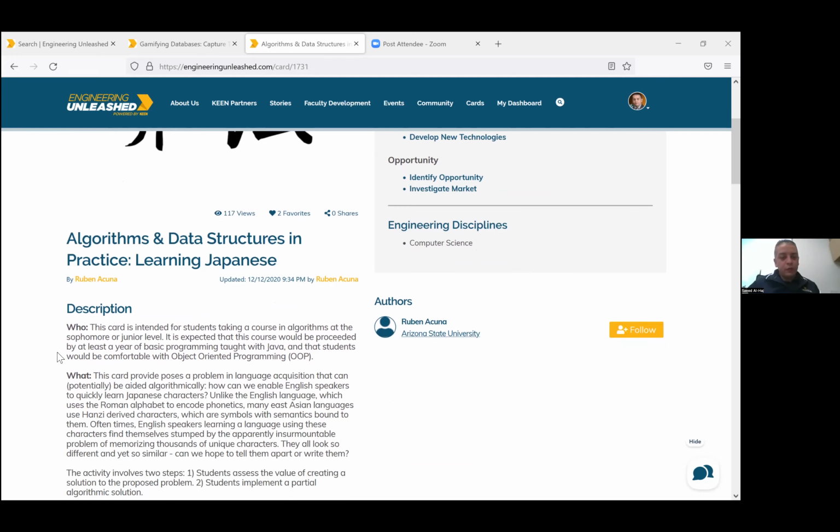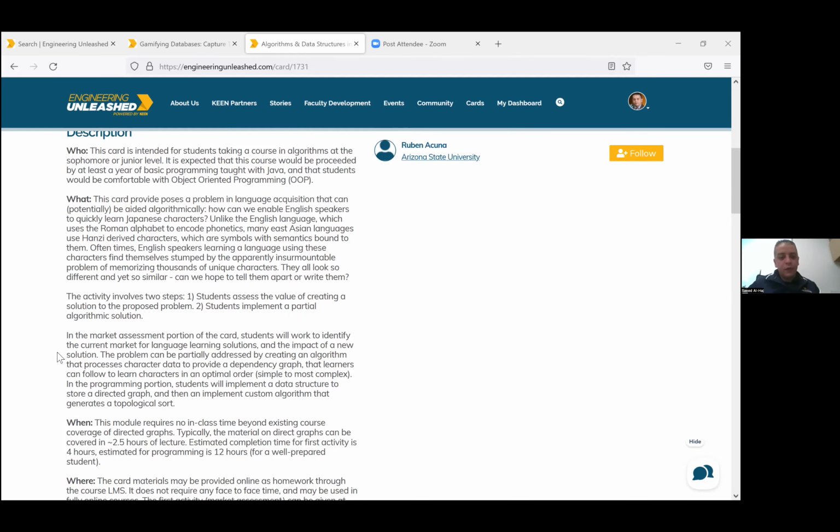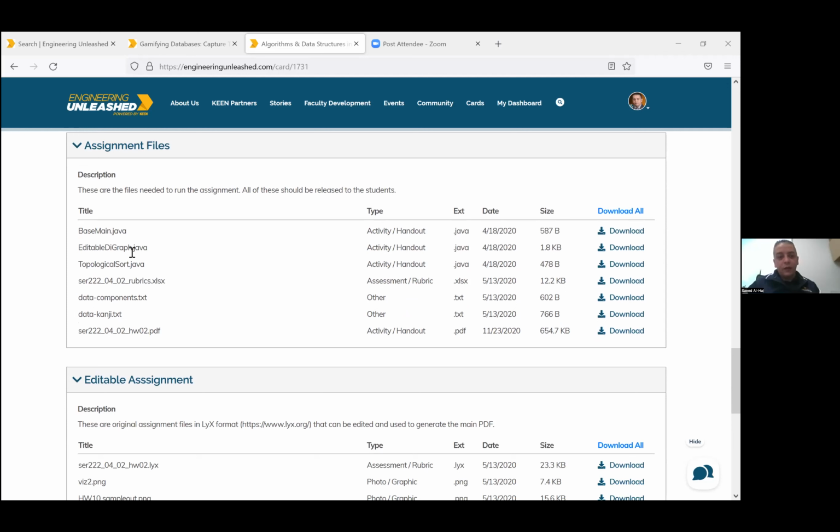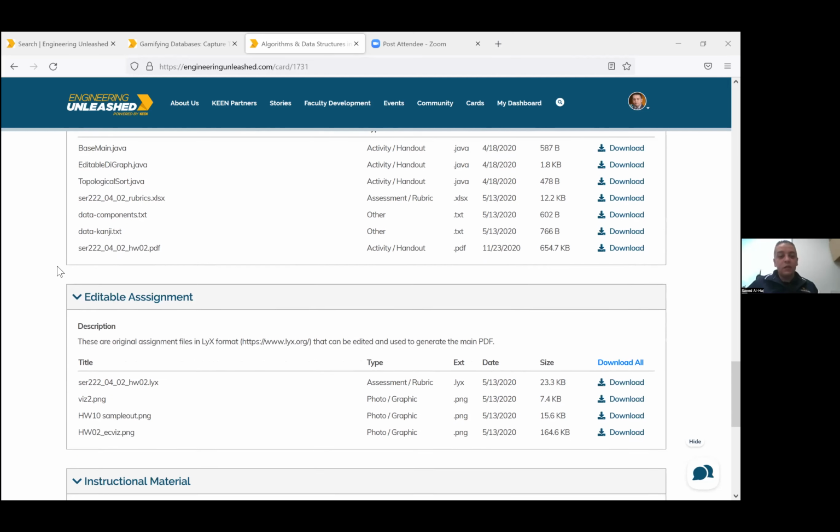The project described here and the files provided are written in Java, and I teach C++. Oh, okay. So just a different language. So I have to change it a little bit, but the idea is the same. The idea is the same, and there are tons of resources with this card that make adopting the idea very easy and straightforward.